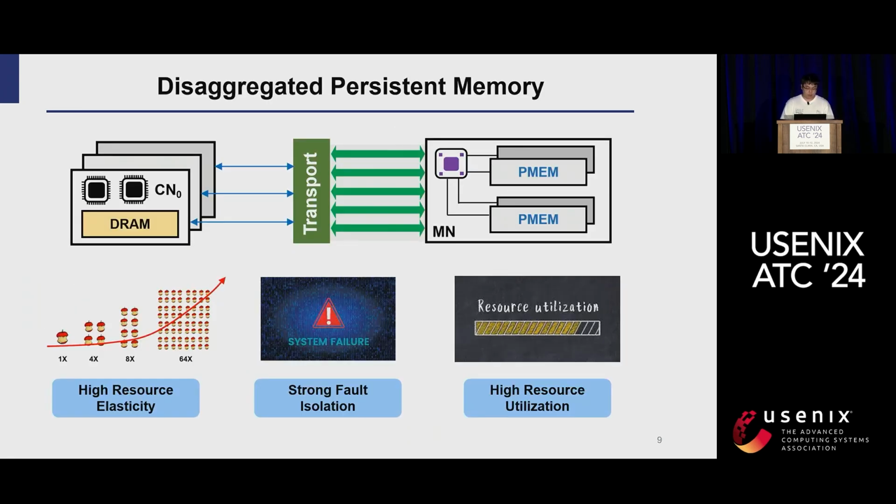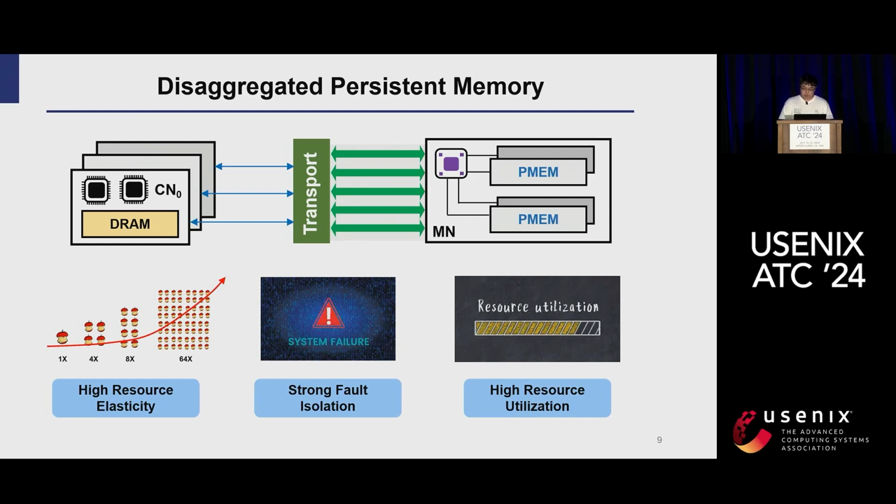Decoupling PMs from monolithic machines and aggregating them in a dedicated memory pool is a promising solution. The disaggregated PM architecture enables efficient and cost-effective PM sharing with fast data access. Either a CN or a MN is a specialized machine that assembles blades of computing or memory resources.